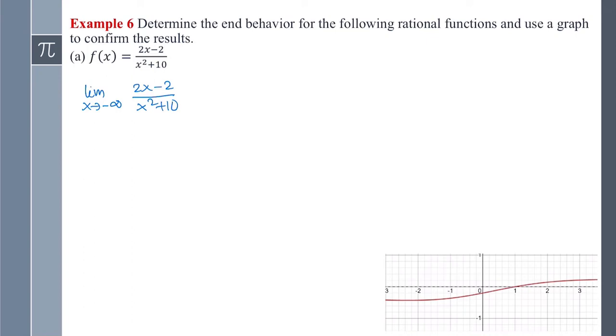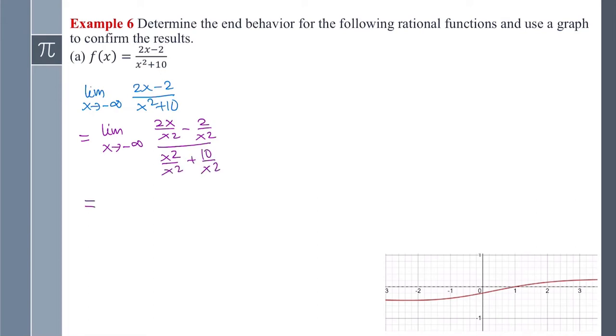Here x squared is the highest power of x in the denominator, so we divide everything by x squared. So this equals the limit as x approaches negative infinity of 2x over x squared minus 2 over x squared, over x squared over x squared plus 10 over x squared.